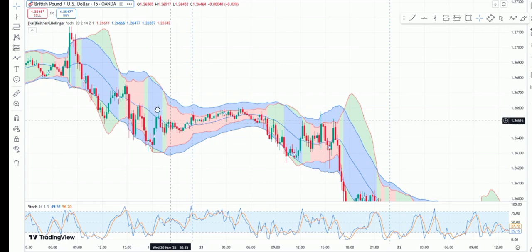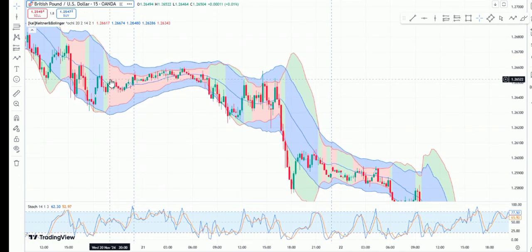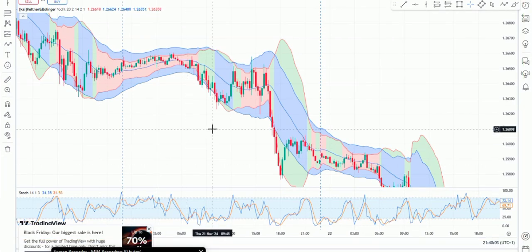Now, how do we make it simple? You can try to use one indicator or two indicators or no indicator at all, just for the sake of making it simple. So let's get started and let's explore this strategy that can help you achieve your trading goals.